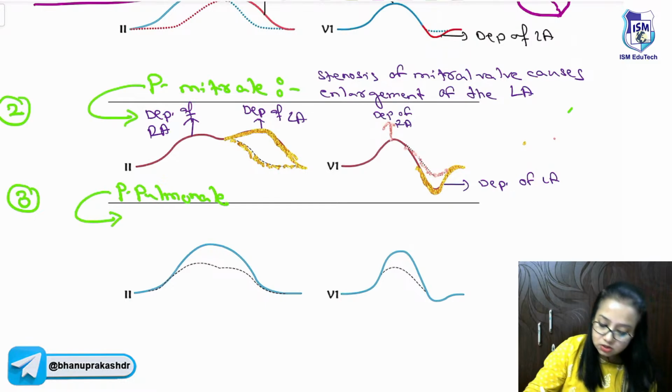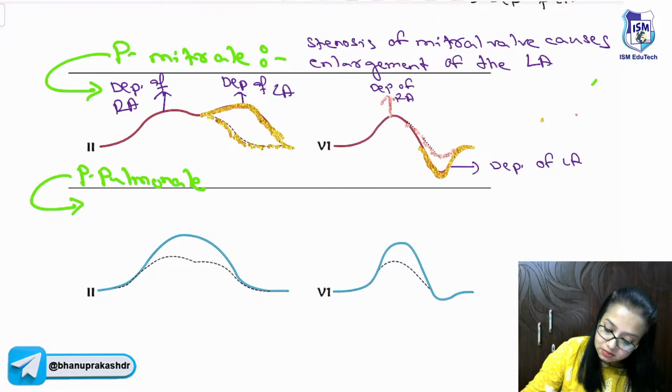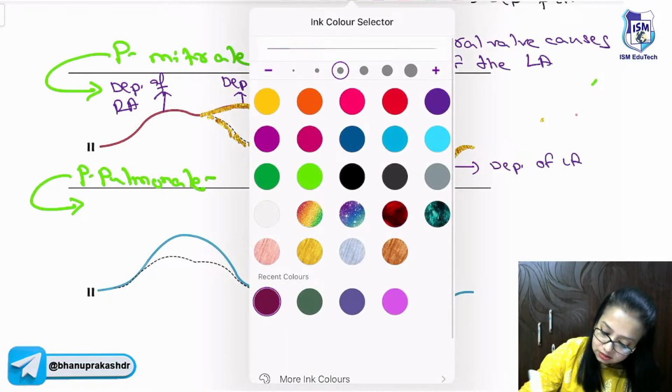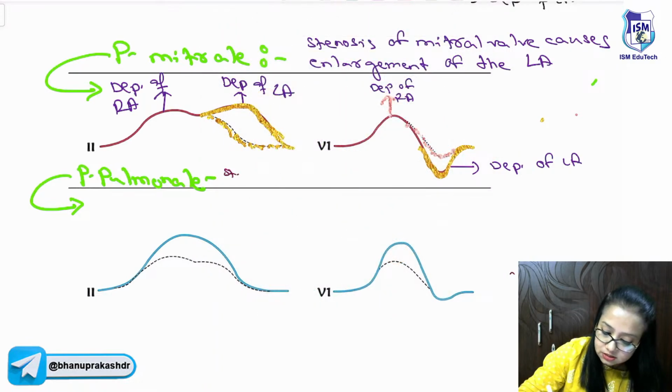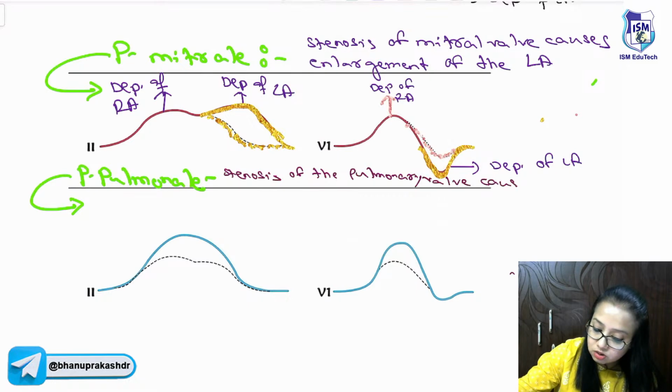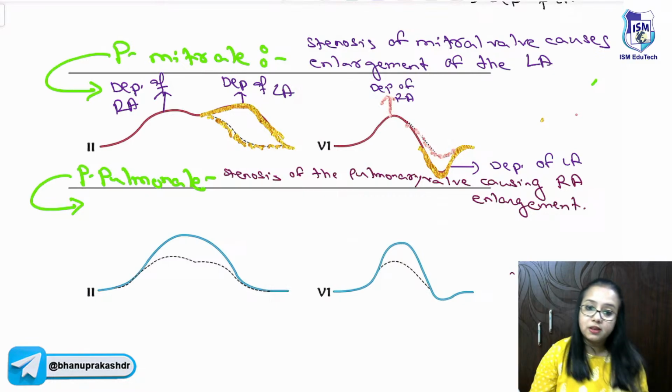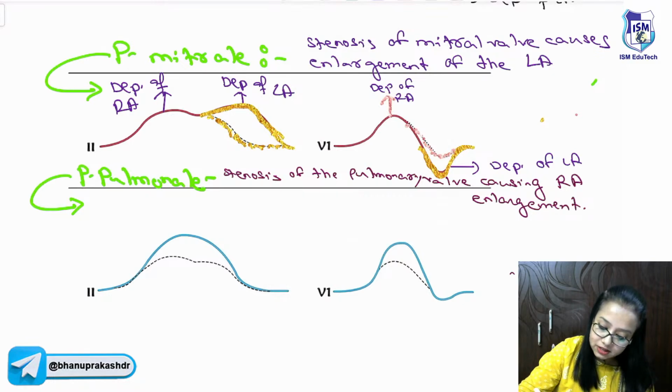P pulmonale means there is stenosis of the pulmonary valve causing right atrium enlargement. Okay. So here you see the biphasic structure.